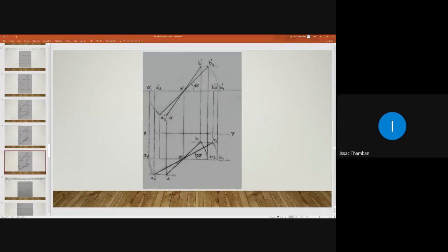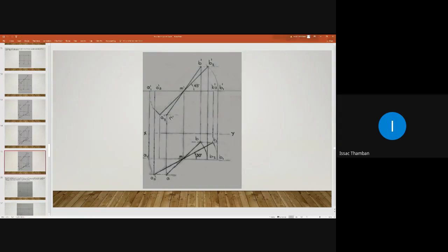So if you draw the projectors, the projector from small a will intersect the locus of A dash line at a point, and that can be marked as small a dash. Then consider the projector drawn from small b. This projector line will intersect the locus of B dash line at a point, and that can be named as small b dash.